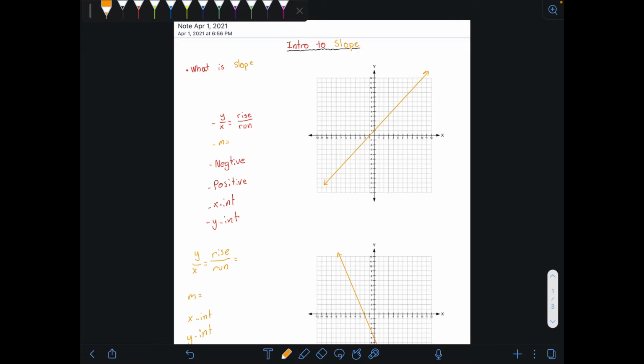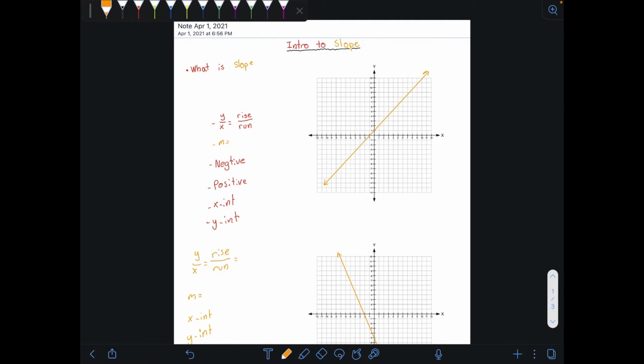First of all, what is slope? Well, in math, slope is a number that describes the direction and steepness of a line. So it is the gradient of a line, used to describe the direction and steepness of a line.